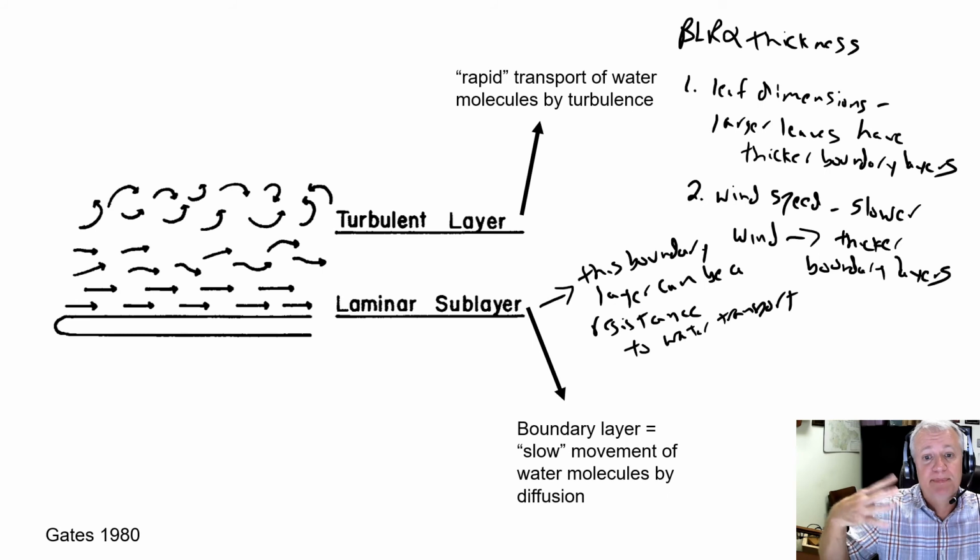So sort of the maximum boundary layer resistance would occur in large leaves at low wind speeds. That's when boundary layer resistance would be greatest.